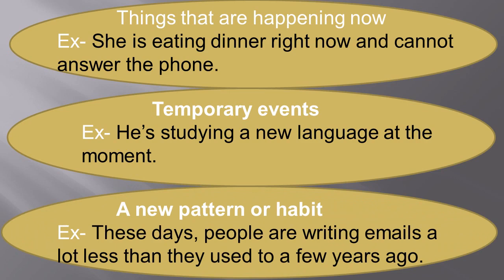If we have developed a new habit, a new thing to do daily. For example, these days people are writing emails a lot, less than they used to a few years ago. That means this is a kind of habit or pattern that has been developed by people, and to talk about a new pattern or habit we always use present continuous tense.